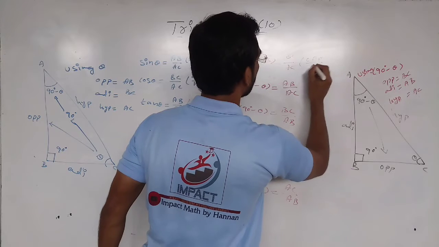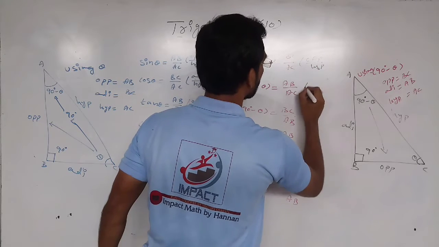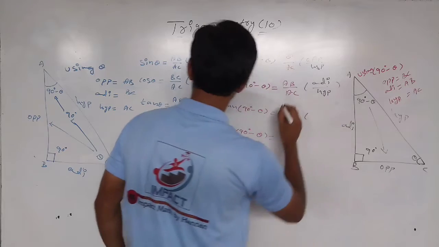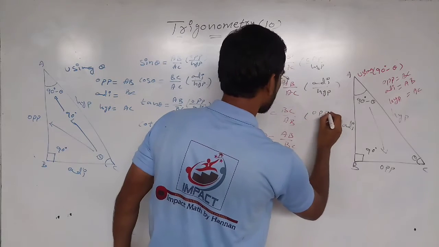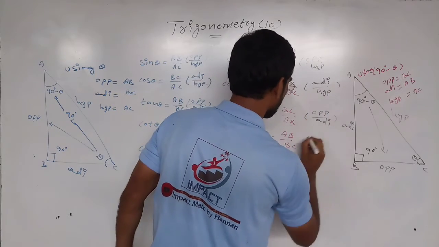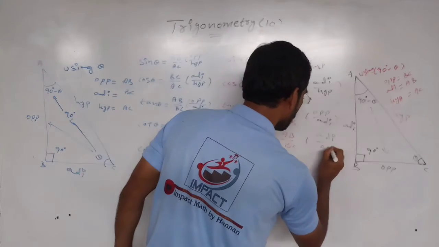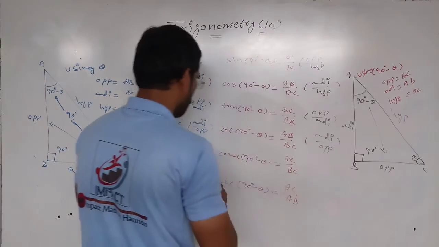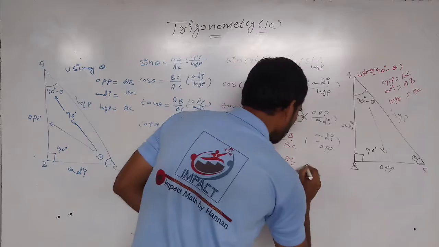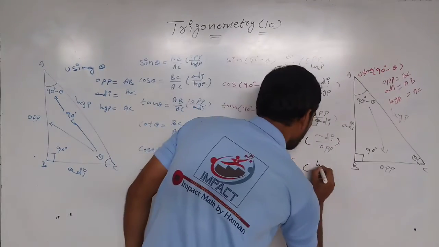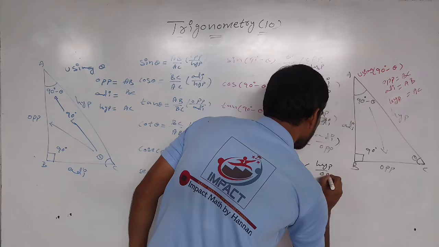Opposite by hypotenuse. In this one, adjacent side by hypotenuse. In this one, opposite by adjacent side. In this one, adjacent side by opposite. Next, in this one, cosec theta, hypotenuse by opposite.